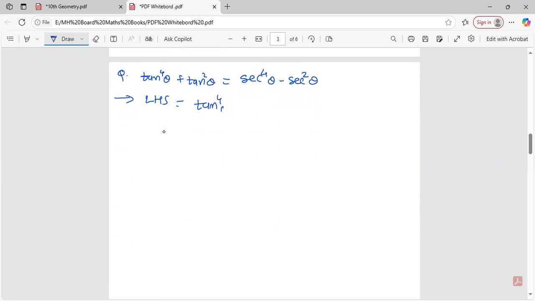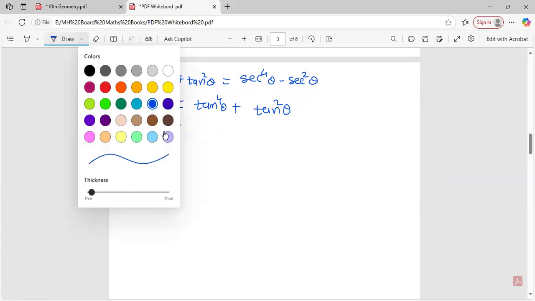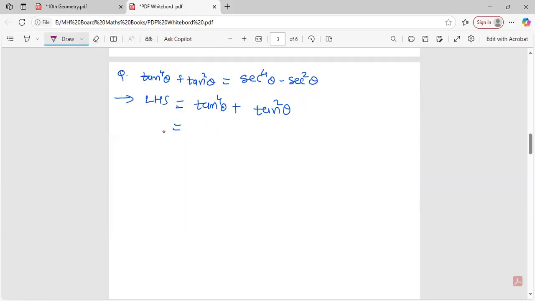Tan raised to 4 theta. Both sides we have tan, so I'm not understanding what to convert. See, here there is a tan square. Here also there is a tan square. So can you take this tan square as common?